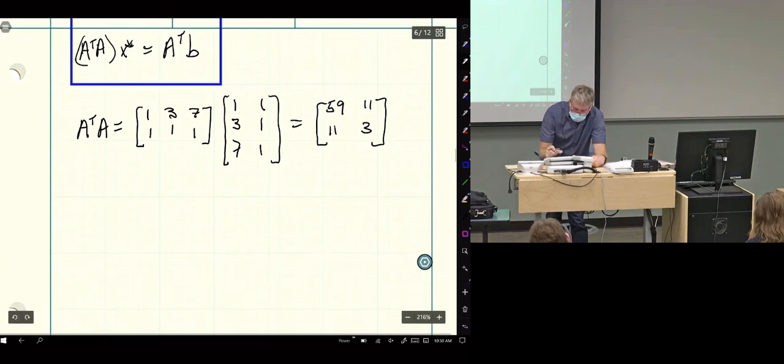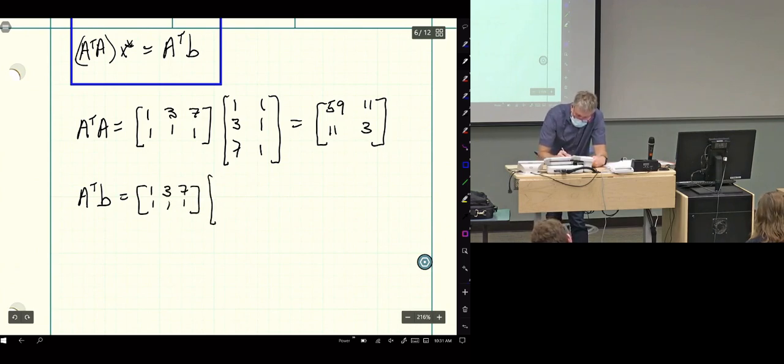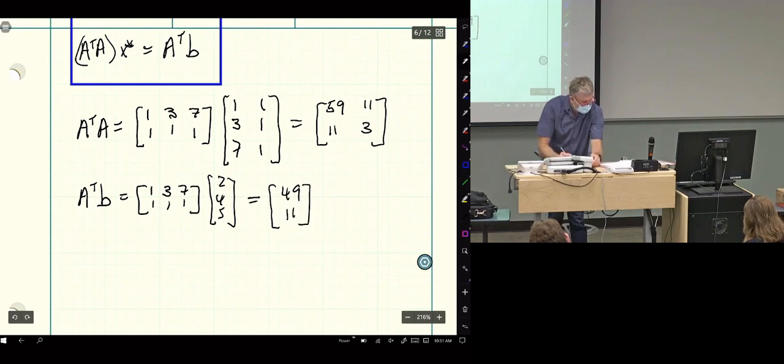Okay, so that's just Julia. It's done before you can even possibly understand. We need A transpose B, so that's A transpose again. Of course, in Julia, you never write any of this stuff down. You just do the A and the B. So this is 2, 4, 5. You get 49 and 11.